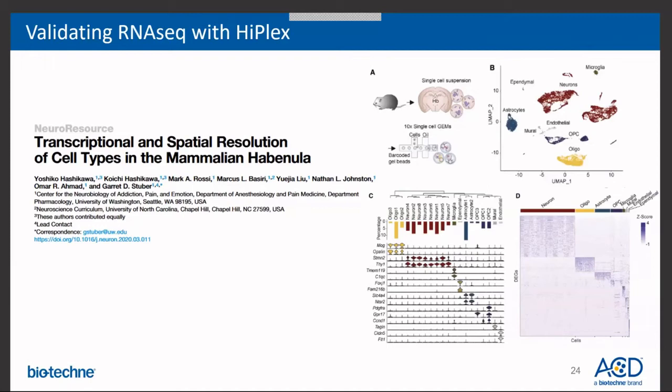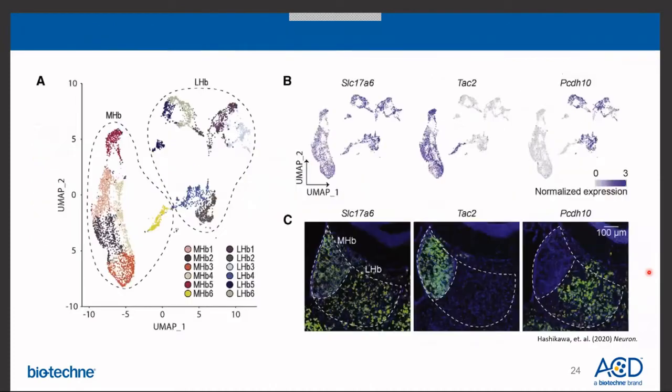Here we see clusters corresponding with cell classes, neuron in red here versus glia, for example, that were pulled out from this data set. Their relatedness, the relatedness between the clusters, and this violin plot shows expression levels of canonical marker genes in neuronal and non-neuronal clusters. This heat map here is displaying expression levels of all genes in each cell class.